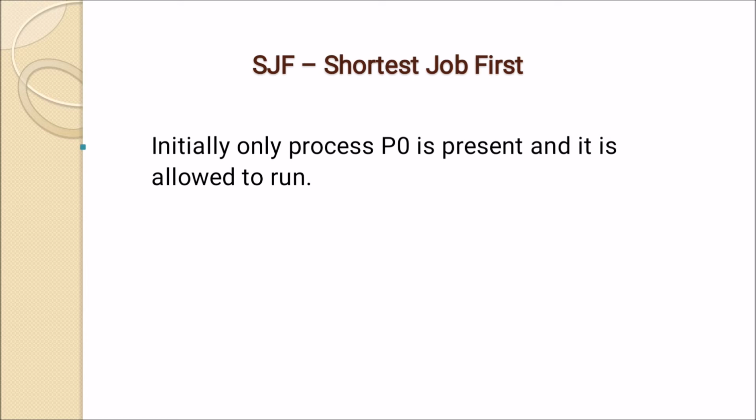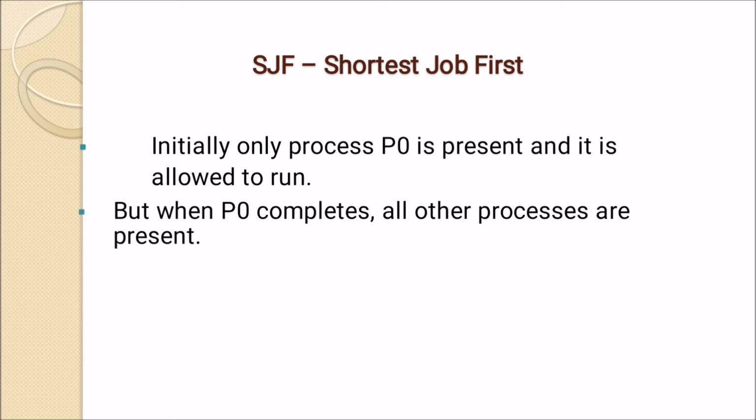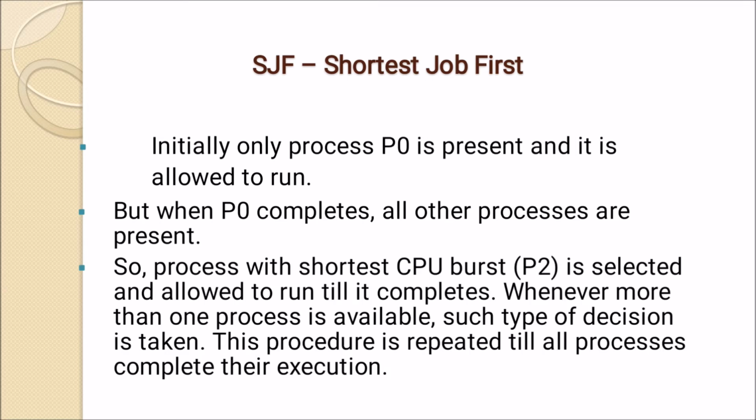Initially only process P0 is present and it is allowed to run. But when P0 completes, all the other processes are present, so we have to sort them. The process with the shortest CPU burst, P2, is selected and allowed to run until it completes. Whenever more than one process is available, such a decision is taken.